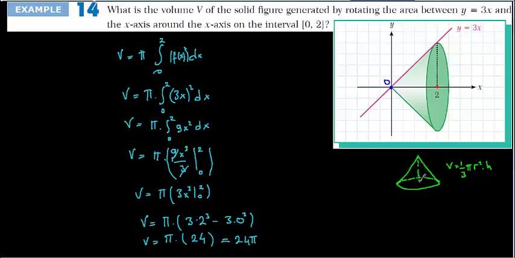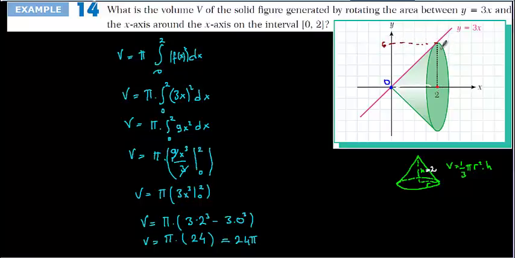Here this is the h and this is the R. In this figure, the h value is from this point to this point, if I rotate this one, it's going to be equal to 2. And here the function is 3x, that's why when x is equal to 2, y should be equal to 6.